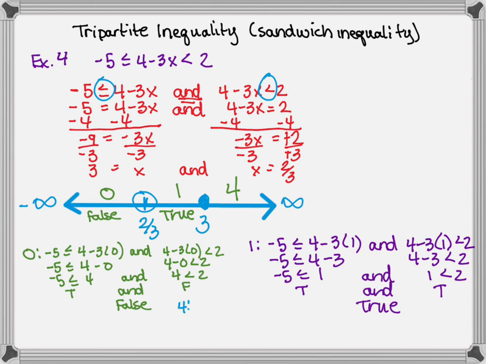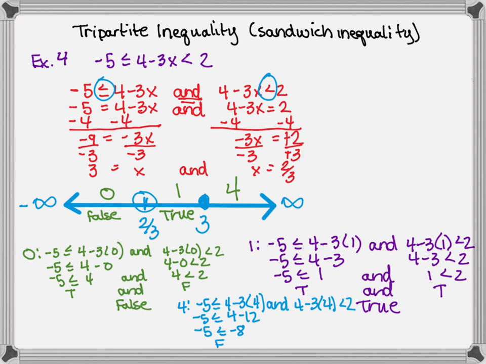Let's test the 4. Substituting in, -5 less than or equal to 4 minus 3 times 4, and 4 minus 3 times 4 less than 2. The first one becomes -5 less than or equal to 4 minus 12, or -5 less than or equal to -8.